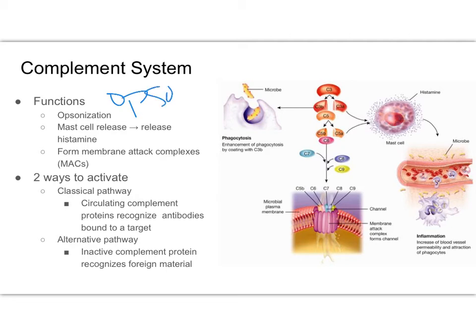Those opsonins help let the phagocytes know that it's foreign. You can see in this picture, all these little red dots are the opsonins that have marked it. So the complement system did the opsonization, it did the marking, and that let your phagocytes know, hey, this guy's foreign, come take care of it.